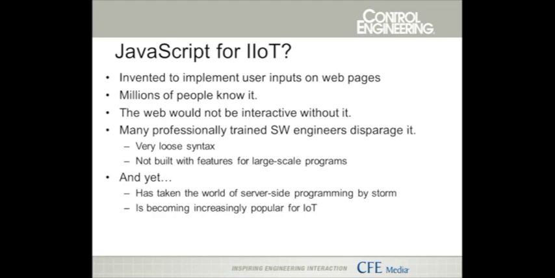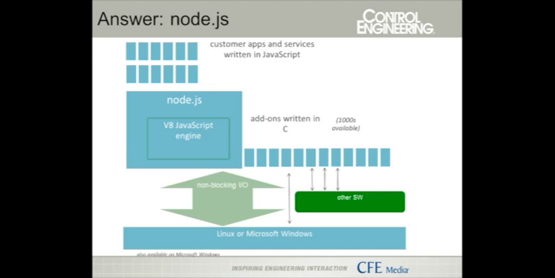And yet, on the server side of the world, it has taken the world by storm. It's one of the most popular programming languages for doing server-side programming, and it's becoming increasingly popular for IoT. And the question is, why? How is this possible? And the answer is a platform called Node.js.